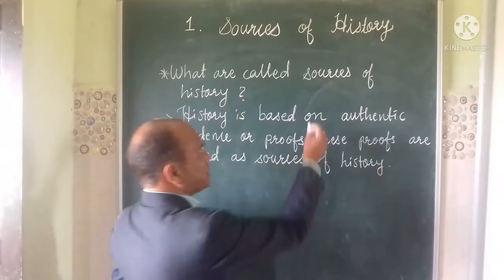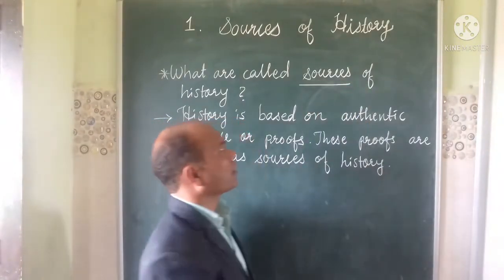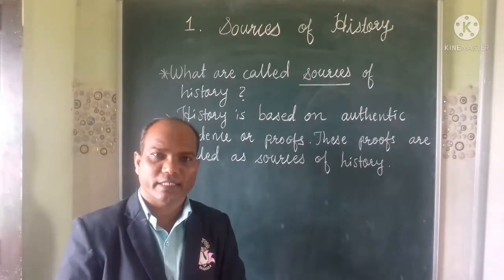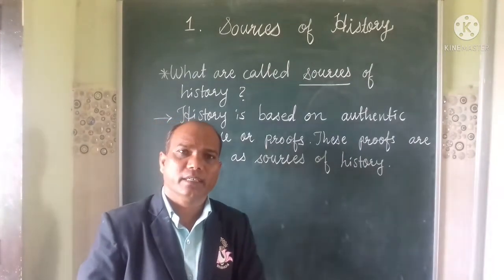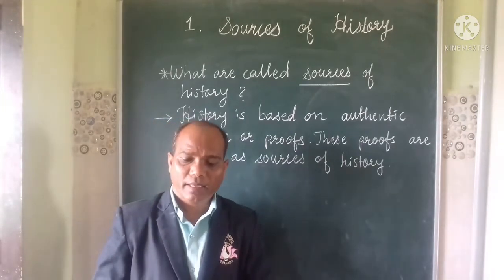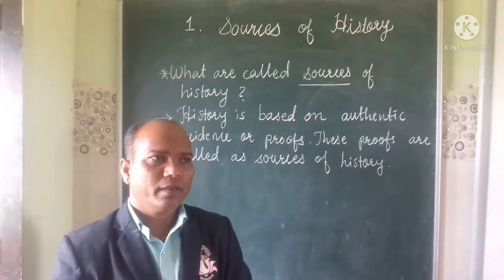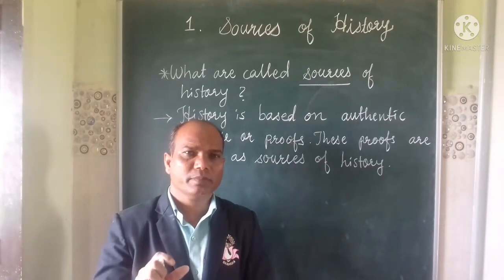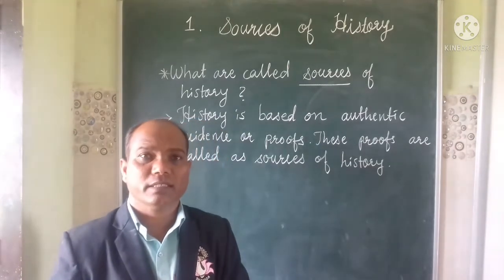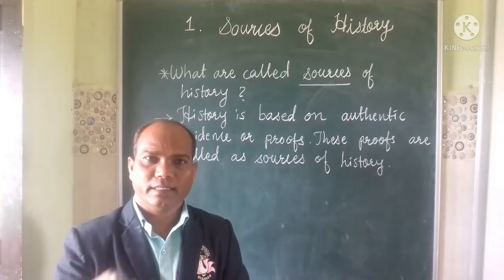Here the word sources, what does it mean? Source means origin. In the science subject, we studied the sources. Here, for example, what is the source of solar energy? We can give the answer, that is the sun.